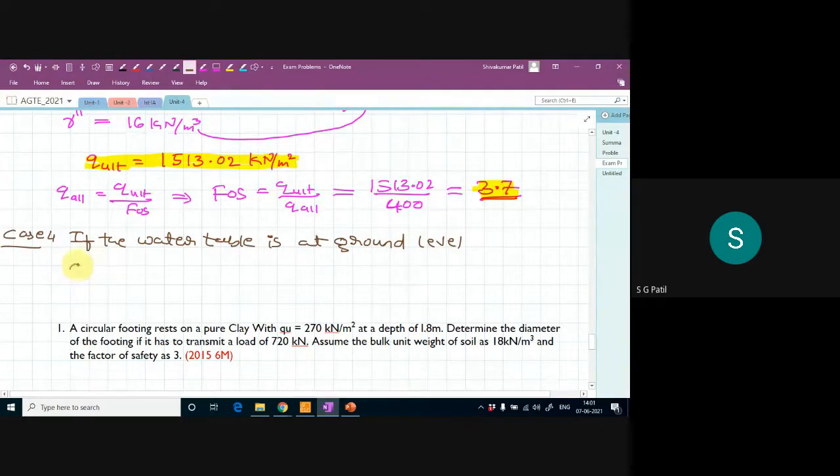Q ultimate equals c Nc plus q Nq plus 0.5 gamma B N gamma. So this term is 0. Q term you calculate. Calculate the Q term.